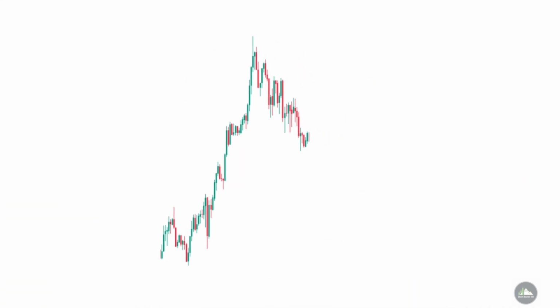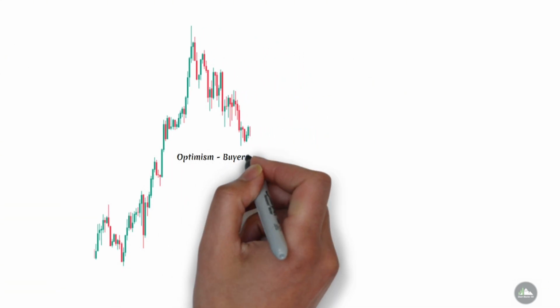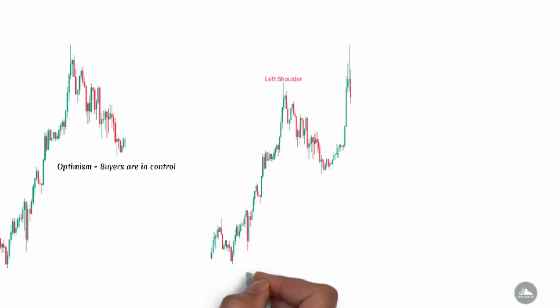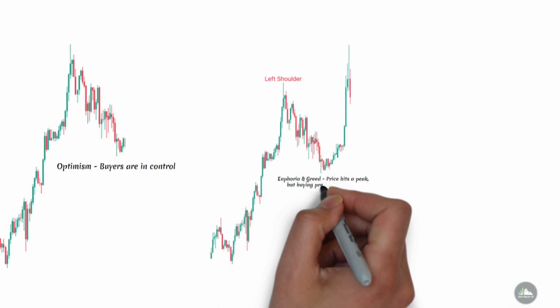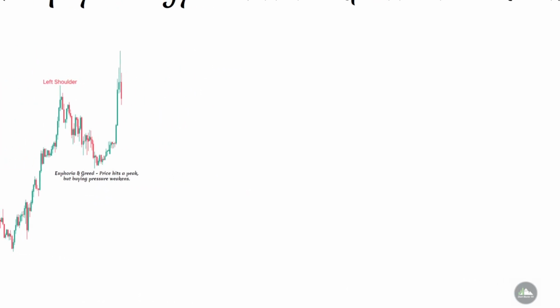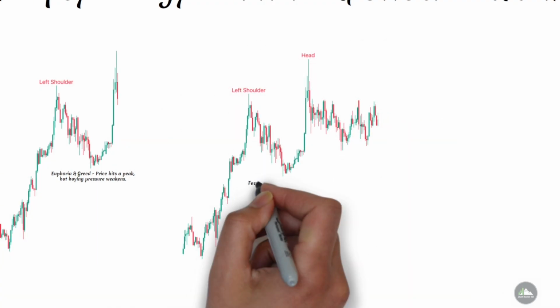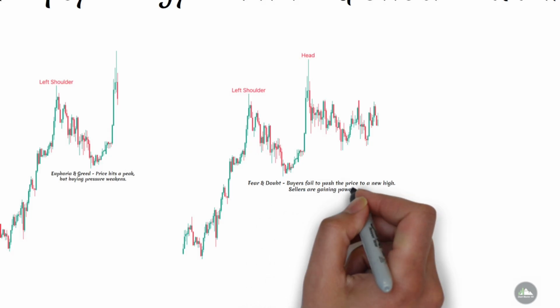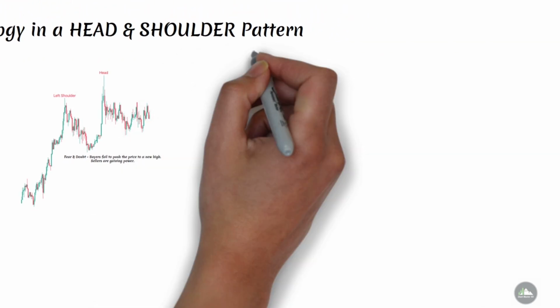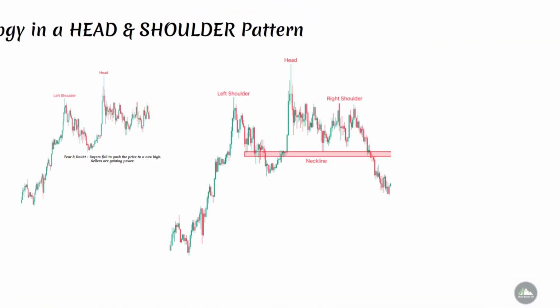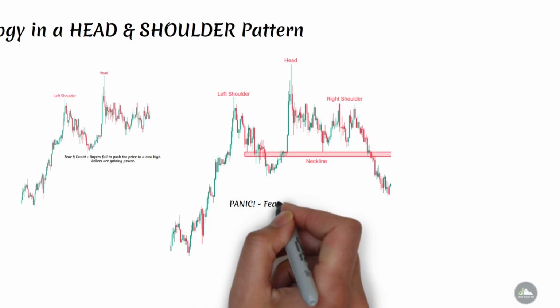This is a clear uptrend where there is optimism, buyers are in control, and then here the market has reached a peak with euphoria and greed. And then in this one, it never goes higher, failing to push the price to a new high, and lastly the market drops below.